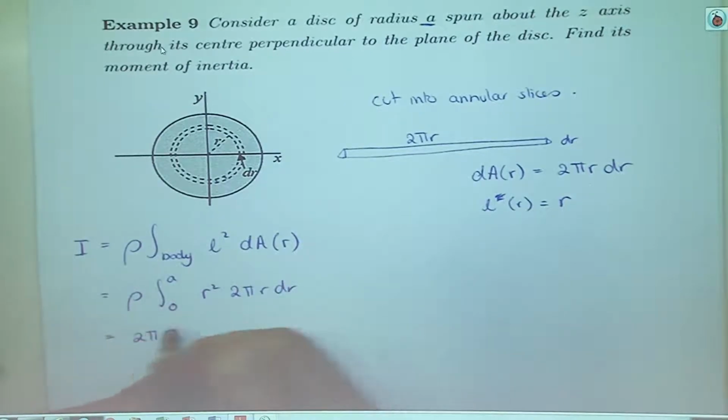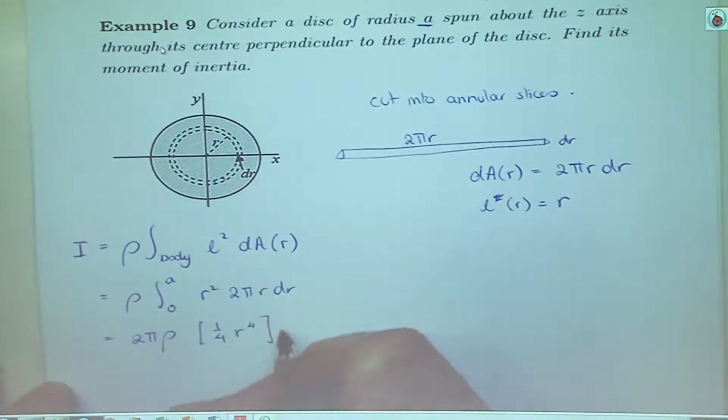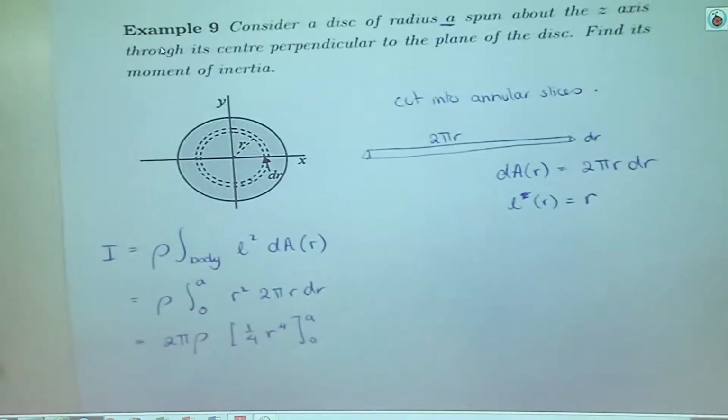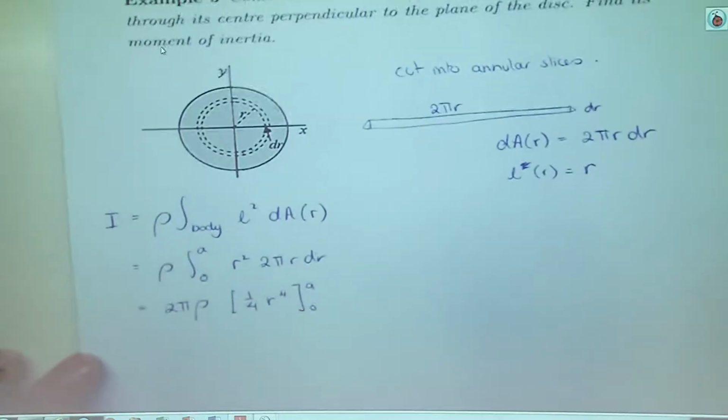2 pi rho. This is just r cubed, so a quarter r to the 4.